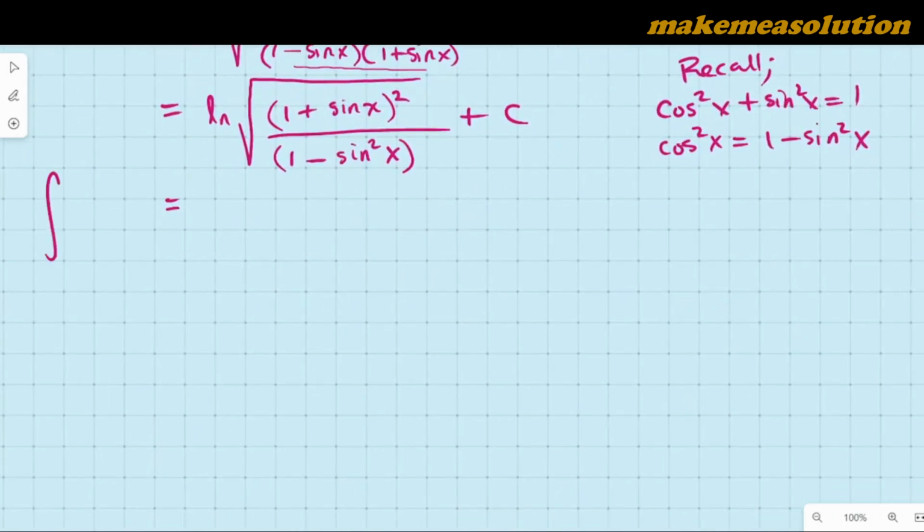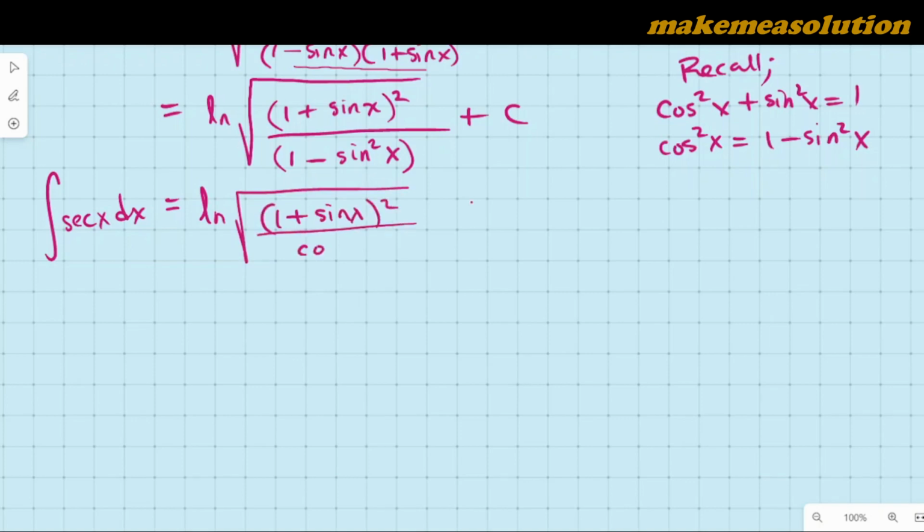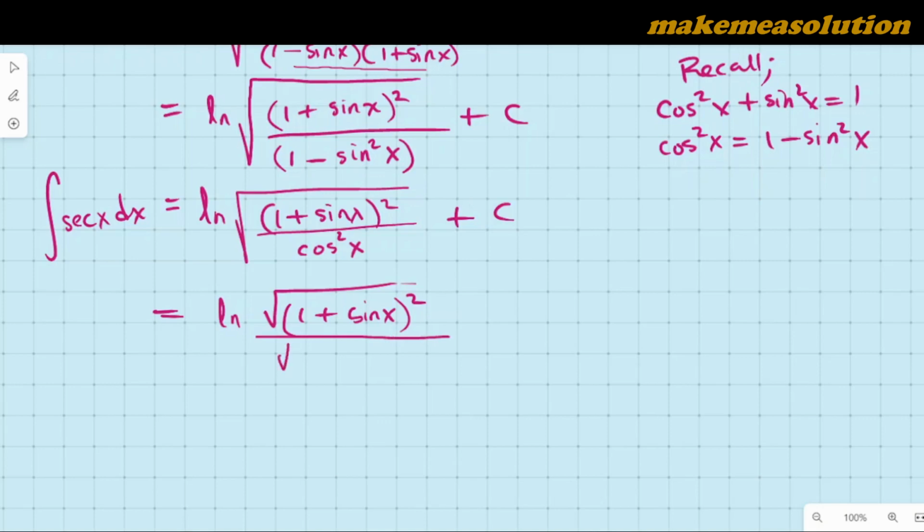So our integral of sec x dx is equal to ln square root of (1 plus sine x) all squared divided by cos squared x, plus constant of integration. So you have ln, I'm going to distribute the square root symbol to the numerator and the denominator like this, over square root of cos squared x plus c.